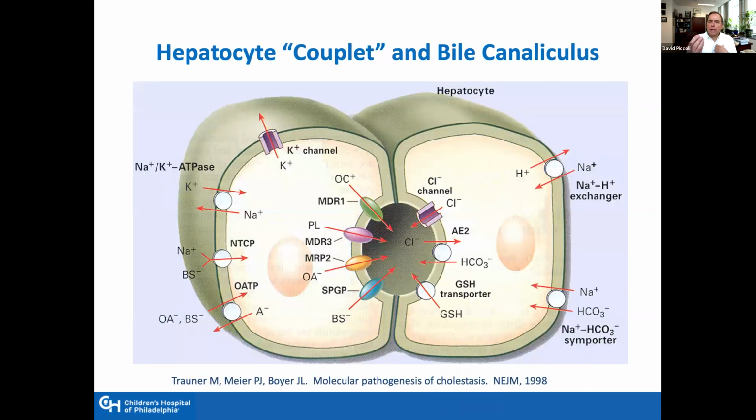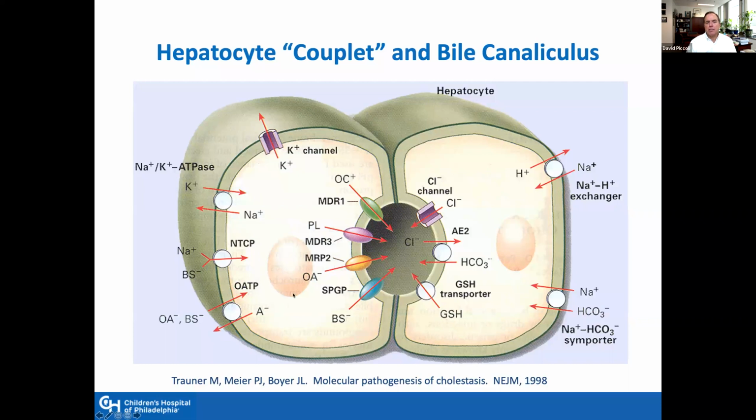So now we're going even more micro, and we're just looking at 2 liver cells. And what I want to point out here is that on the blood side of these cells, there are a number of very specific transporters, molecules that push things in one direction or sometimes bidirectionally.